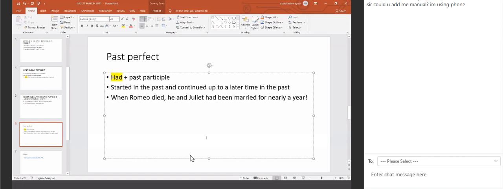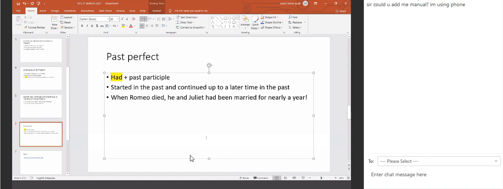Because in present perfect, the event started in the past and then it's still happening until right now. But in past perfect tense, it happened in the past, it happened for quite some time, and the action stopped in the past as well. This is the future, this is now.